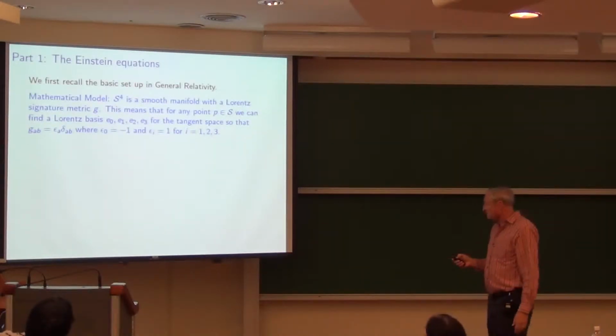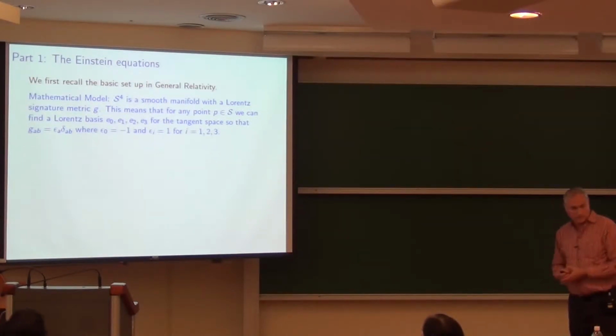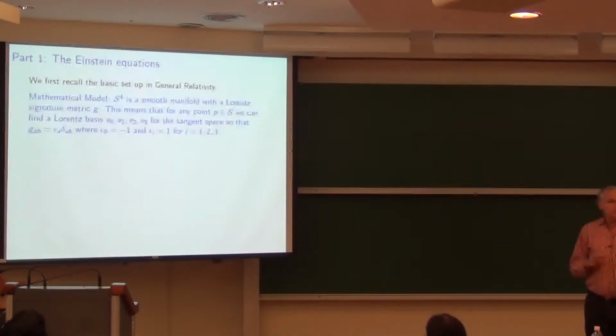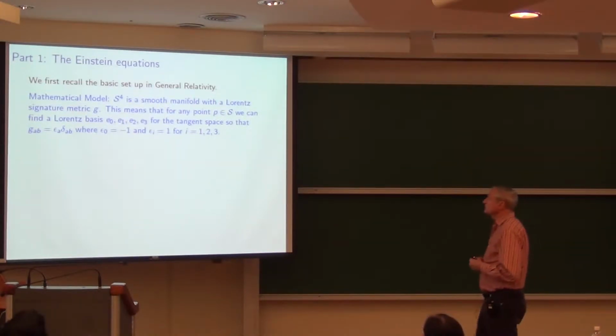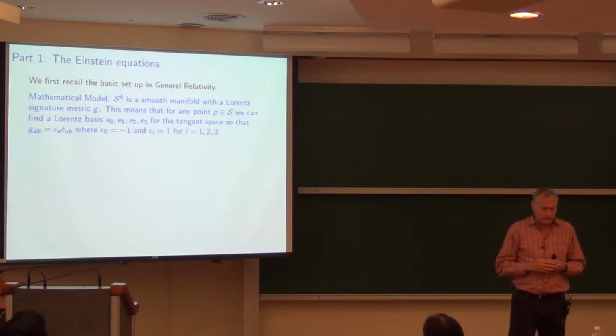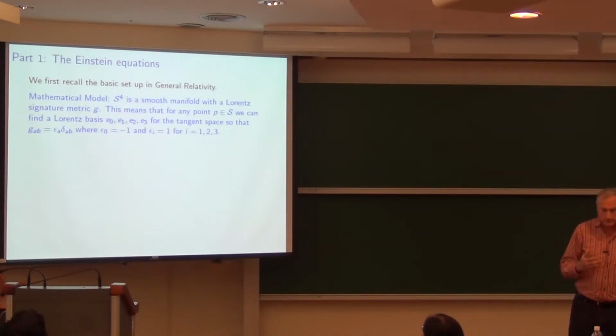So the mathematical model we'll consider is a four-dimensional space-time, which will be a smooth four-dimensional manifold. And then the gravitational field in general relativity is described by a Lorentz signature metric on the manifold.